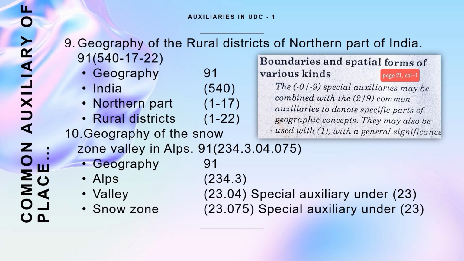As this is the special auxiliary under 23, these two also will be applicable for the Alps because here 23 is there. So, the call number will be 91 within parenthesis 234.3.04.075.